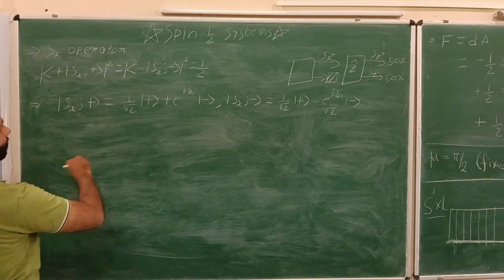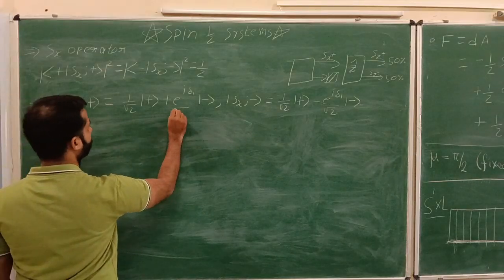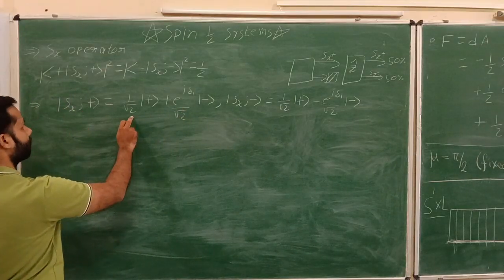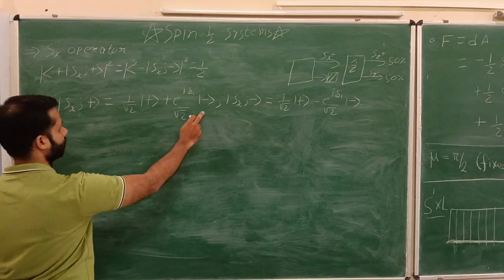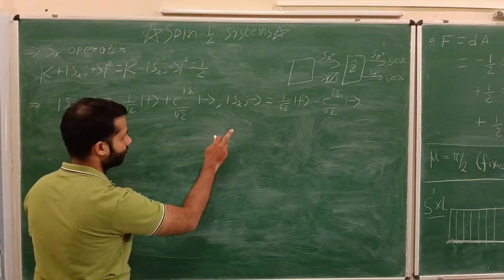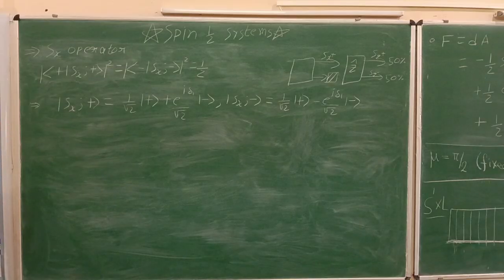But this is how we can write 50% of each, you get 50% of plus and 50% of minus. So how do we write the SX operator?